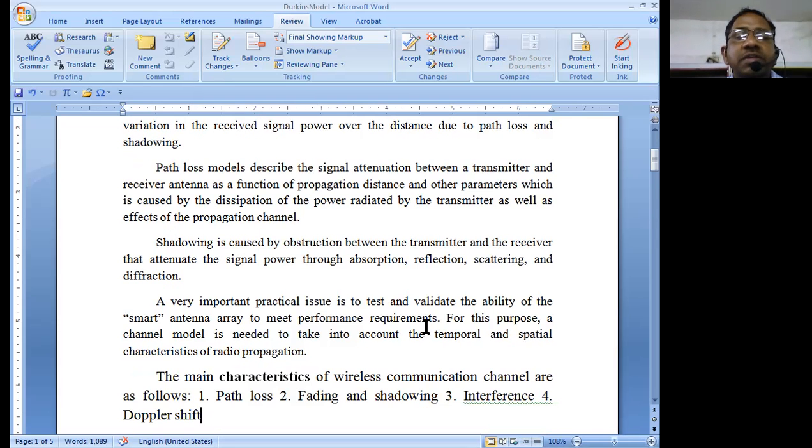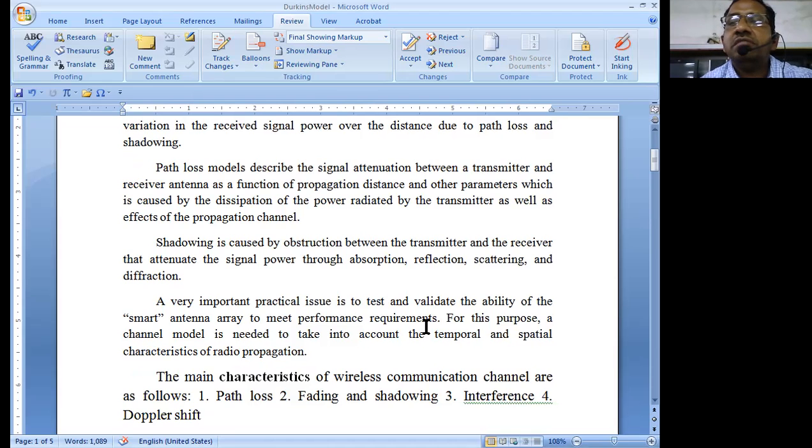Shadowing is basically caused by obstruction between the transmitter and receiver that attenuates the signal power through absorption, reflection, scattering, and diffraction. In optical fiber communication, we come across reflections, scattering, and diffraction.